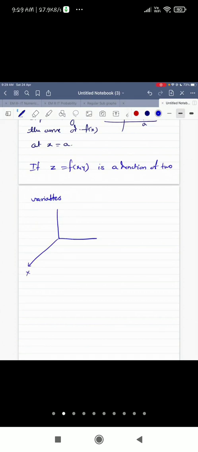Okay, this is the x-axis, this is the y-axis, and this is the z-axis, right? And now f(x, y) represents a surface. A function of two variables represents a surface in three dimensions.